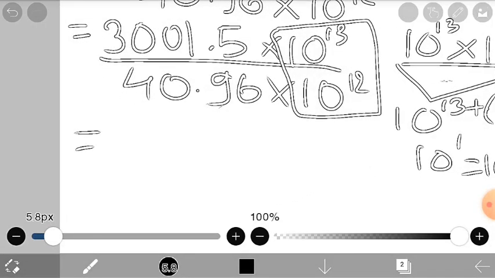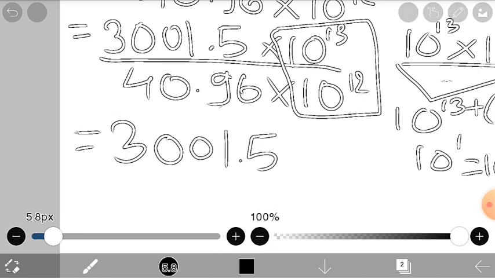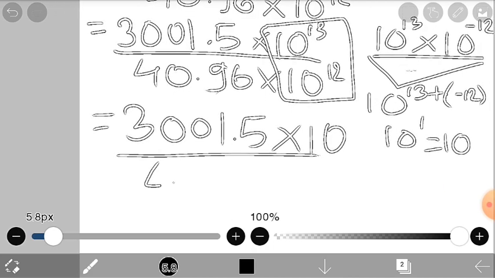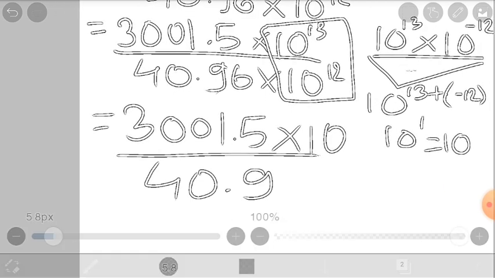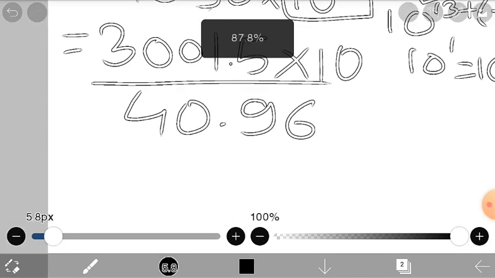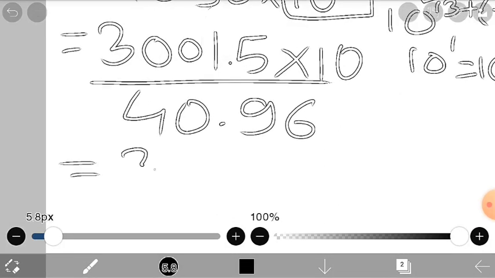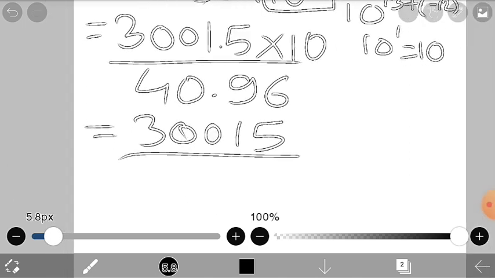It means 10 equals to 10. Finally, we can write the answer, that is 3001.5 into 10 upon radius 40.96 equals 30015 upon 40.96.